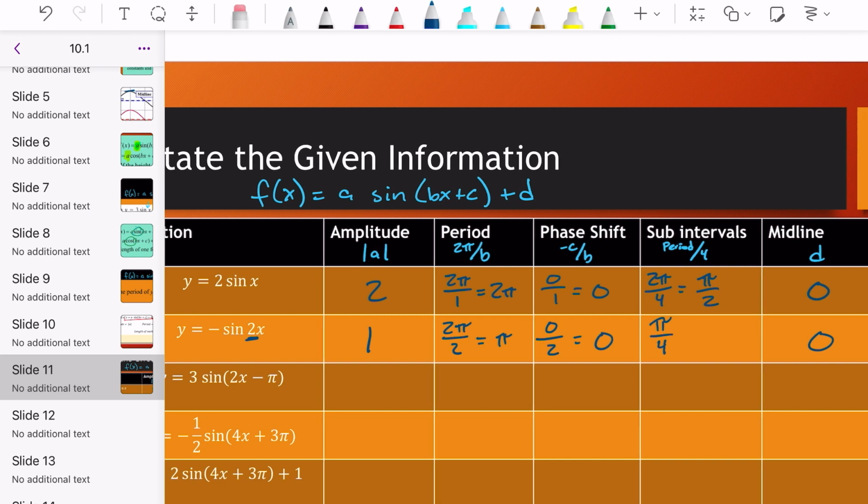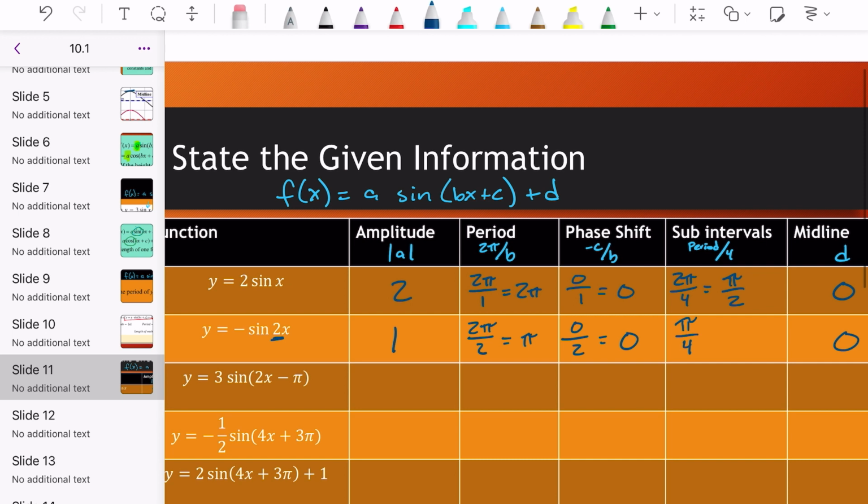Next slide. Correction, next problem. We have amplitude of 3. We go ahead, look at 2 pi over b, which in this case is going to be 2. We're looking at pi for our period. Negative c. Now in this case, we actually do have a c. Our c is going to be a negative 1.